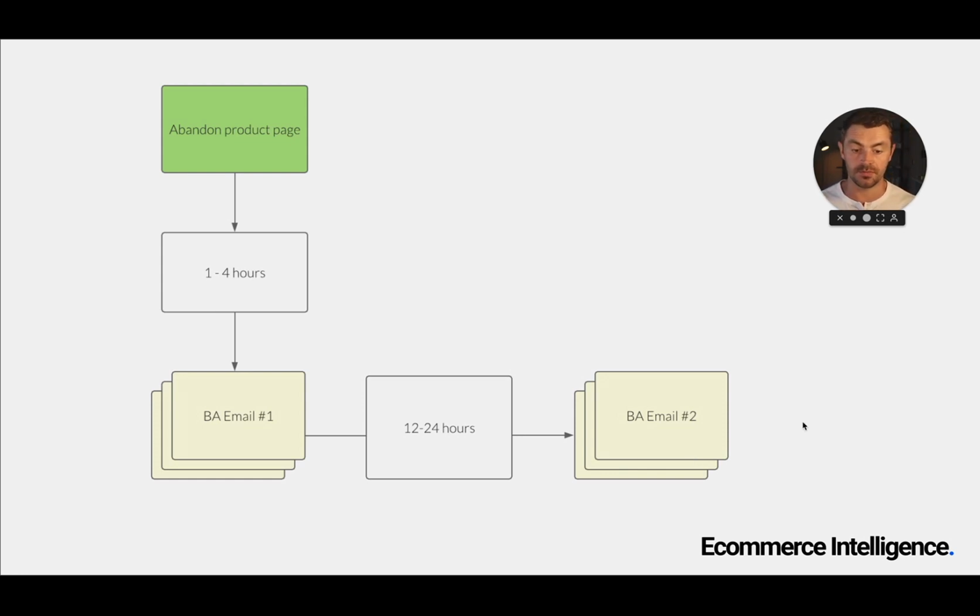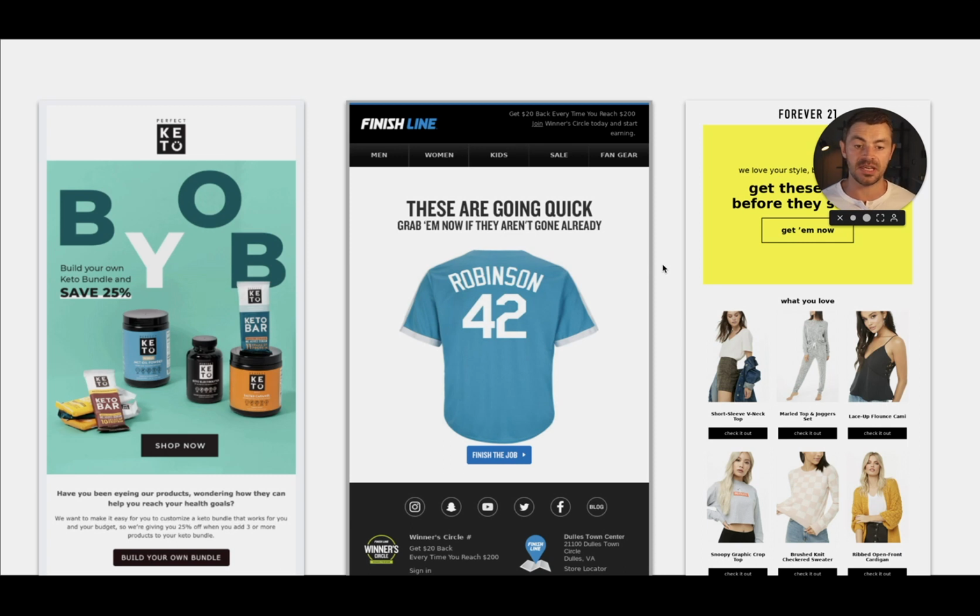In terms of the types of emails, there's a more generic email or a highly personalized email, which shows somebody exactly what they were looking at. In this case, the perfect keto example on the left could very well be a browse abandonment email for two situations.